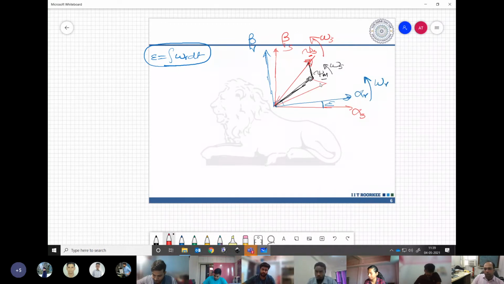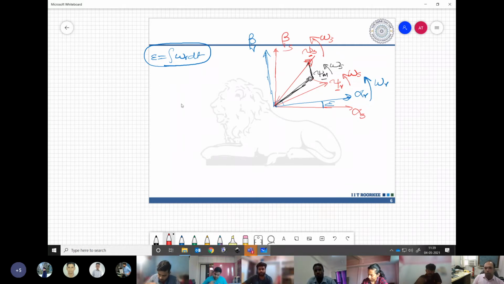So this is how my psi r is, and this is also rotating with omega s. Any problem in this?